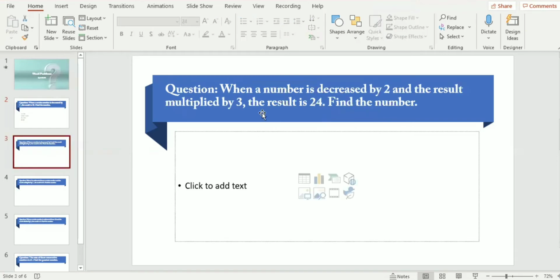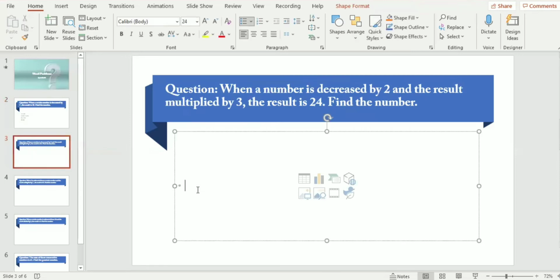Now the next question is, when a number is decreased by 2 and the result multiplied by 3, the result is 24, and we have to find the number. Again, we don't know what the number is, so we are going to suppose that the number is x, and this number is decreased by 2, which means that 2 is subtracted from this number, and the result is multiplied by 3, which means that this expression is going to be multiplied by 3.